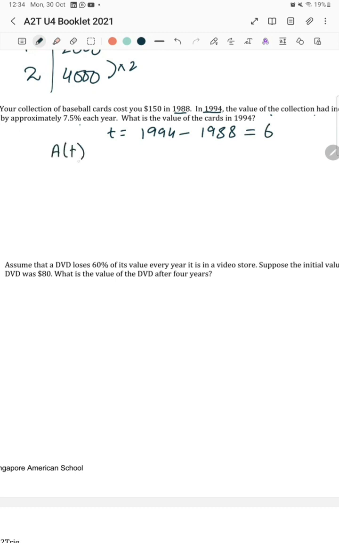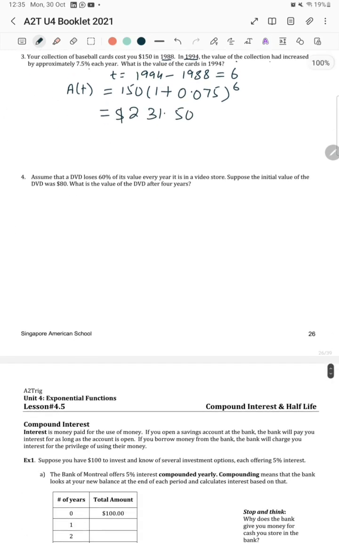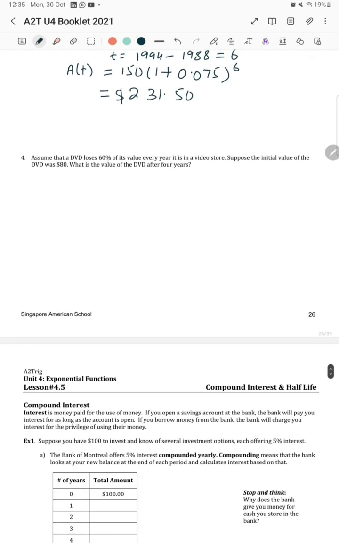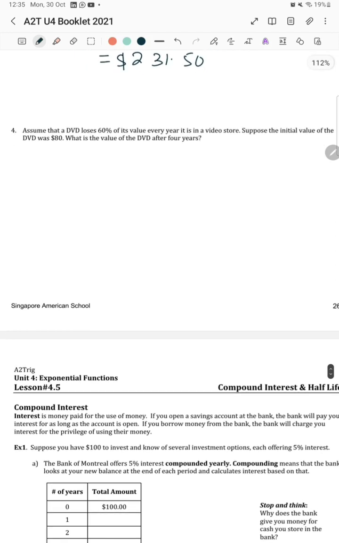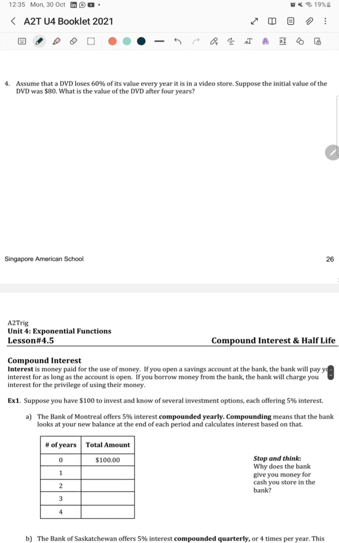So A of T is equal to 150 times (1 plus 0.075) to the power 6, which, after solving, is equal to $231.50.